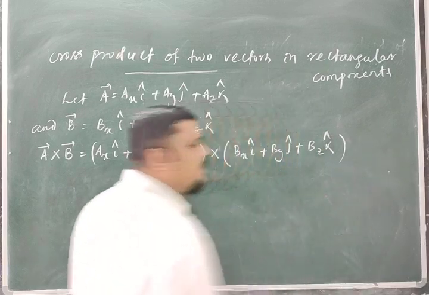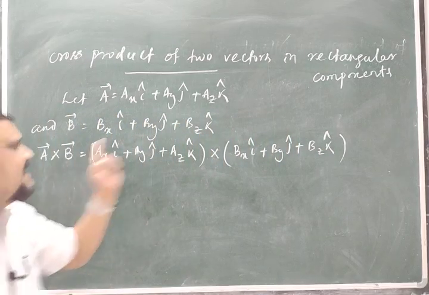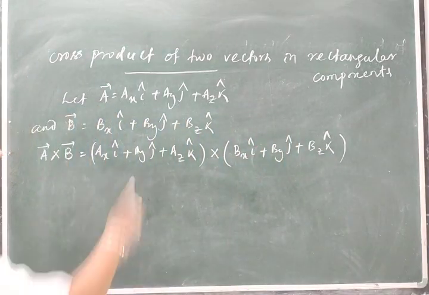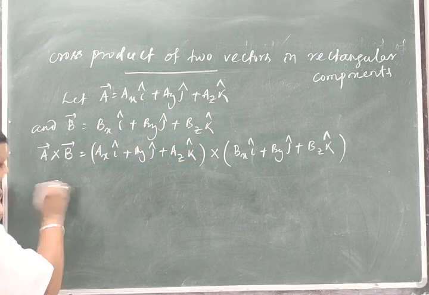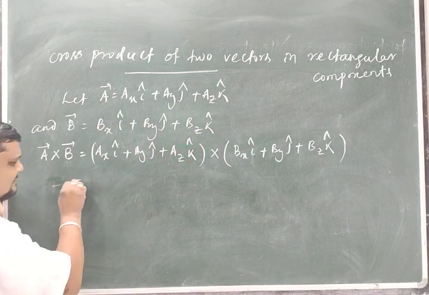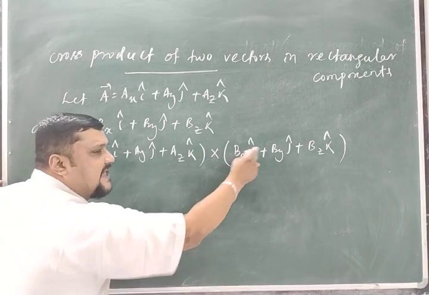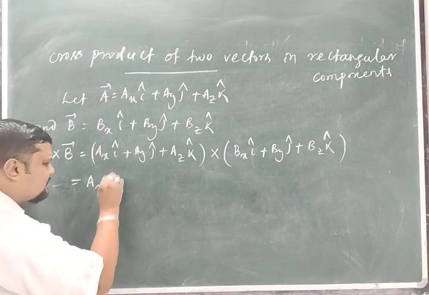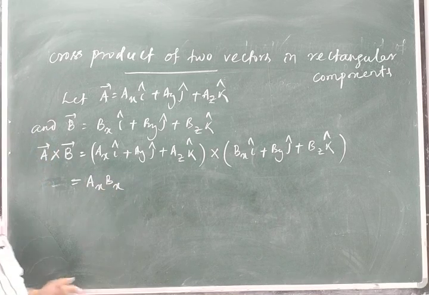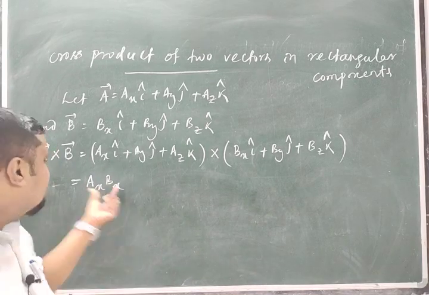Okay. Now you do the cross product. Multiply each term with each one of B. So this can be written as ax I cap cross bx I cap. The magnitude has no difference, I can write ax bx or bx ax. These are the magnitude part.